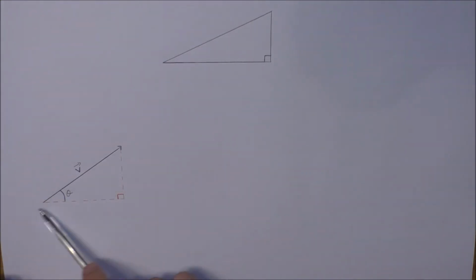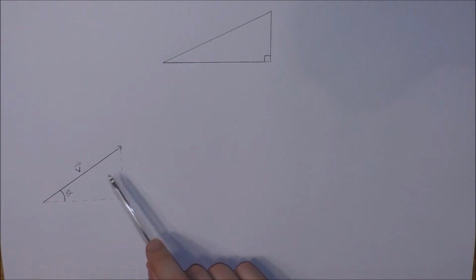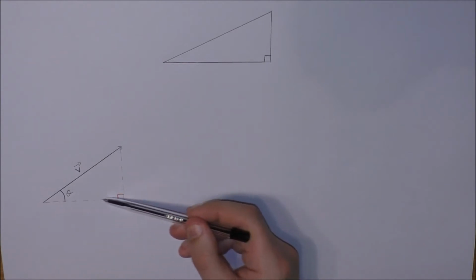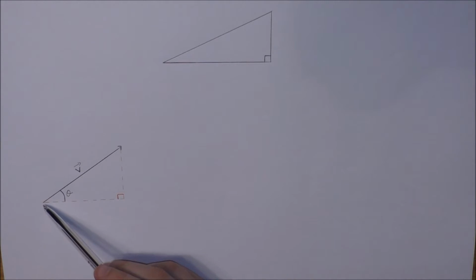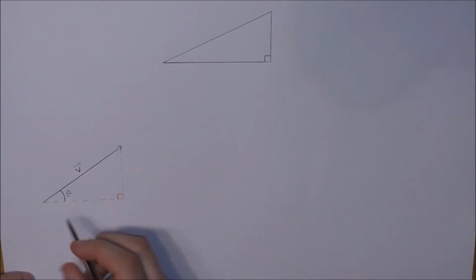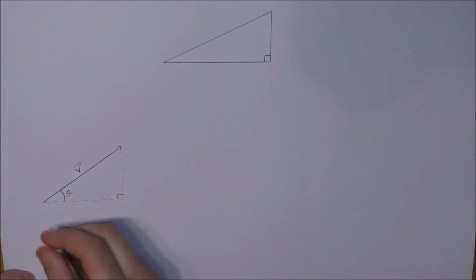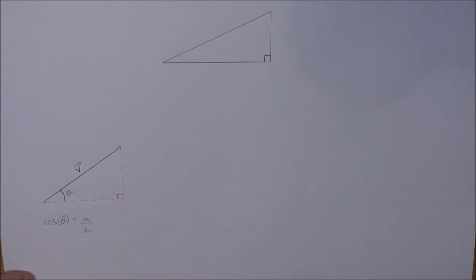If I have a look at this right angled triangle, V, the vector, is the hypotenuse, and the ground here, or the proportion of the vector that's going along the ground, is the adjacent side to the angle. So the trigonometric identity that links these two together will be cos theta equals adjacent over the hypotenuse.